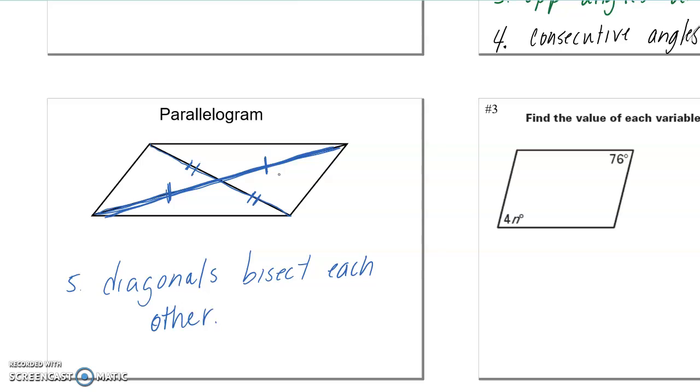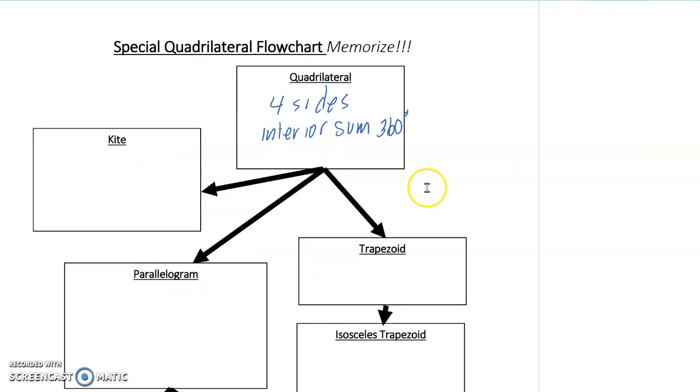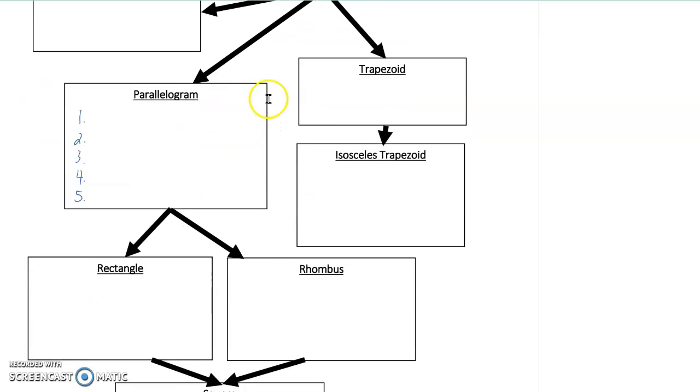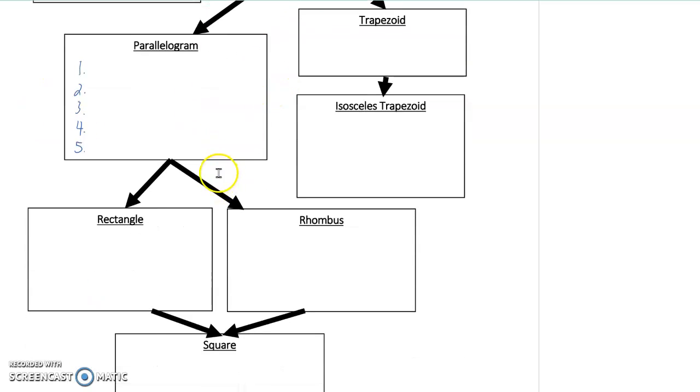Now, one thing we have to remember, if we go to our flow chart, and what I would like you to do is type in all these properties. So right here on the parallelogram, I would like you to go back and rewrite 1, 2, 3, 4, 5, because they're going to be important. What I need you to realize in this flow chart is next we're going to study rectangle, rhombus, and square.